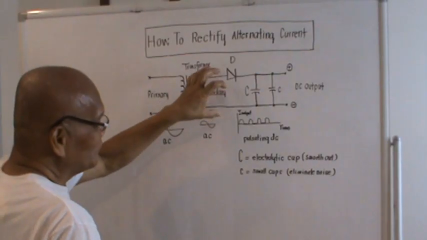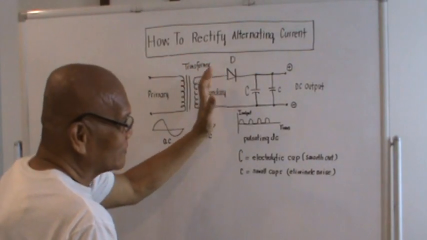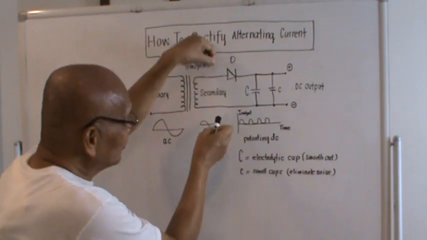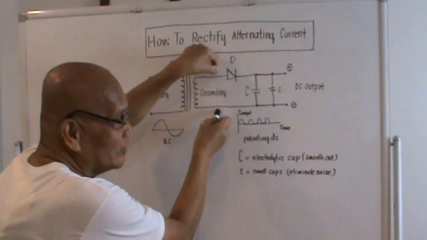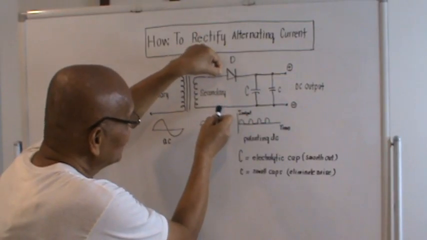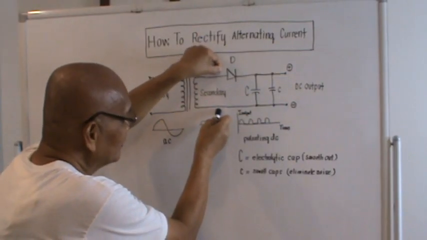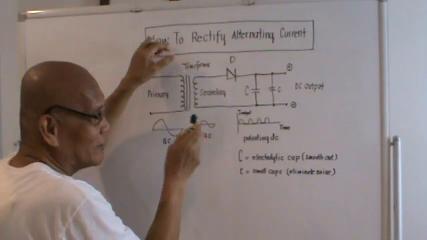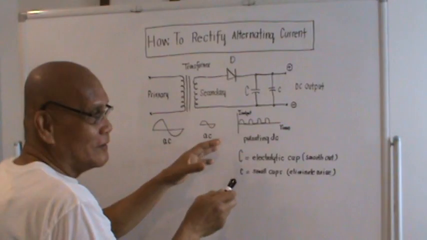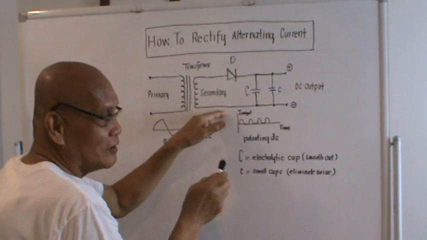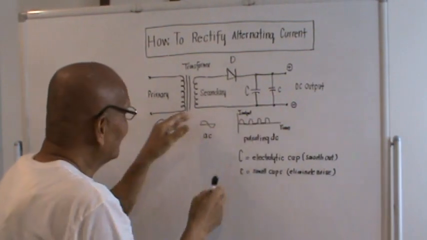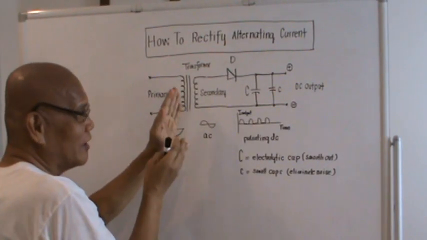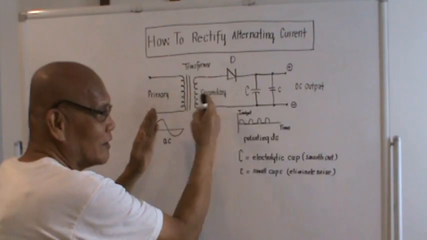This is the safe side, because the safe side is on the secondary side. Safe side meaning if we poke our testers over here on the secondary, you are safer than on the primary. This is the high voltage side, this is the low voltage side.